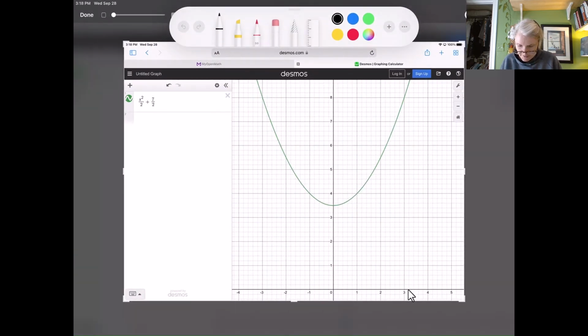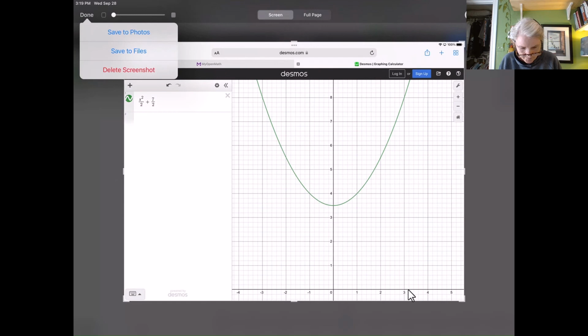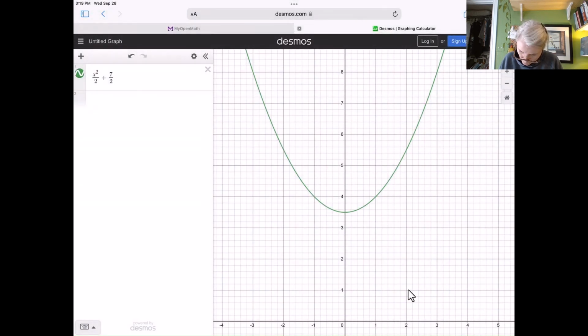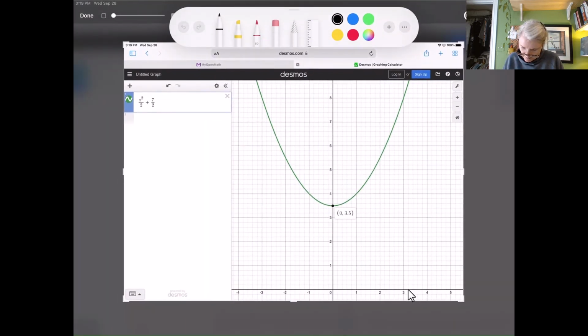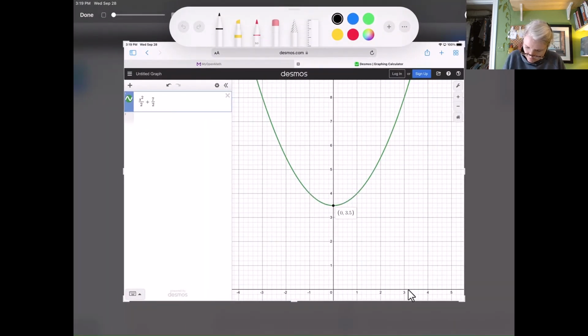All right, so here is our parabola, and here is our vertex. Oops, let me go back. And the x-coordinate of our vertex is 0. Now I'm ready for the screenshot. So that means the right half of the parabola, we're talking about 0 to infinity. So this would be the domain they would be asking for.